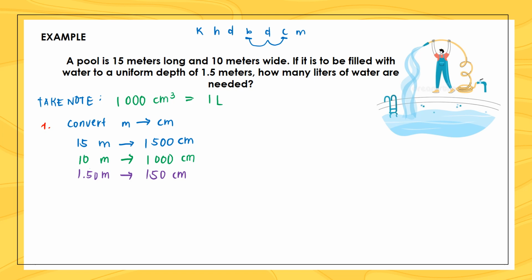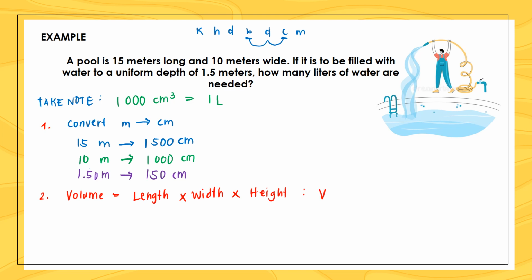Next, what to do is we apply the formula in getting the volume. So volume is equal to length times width times height. So you just simply multiply these 3 dimensions to each other.